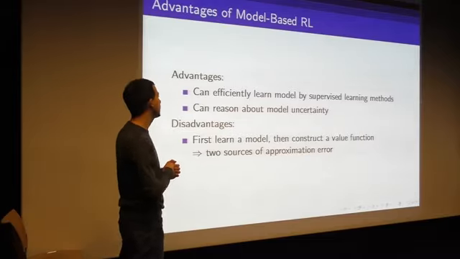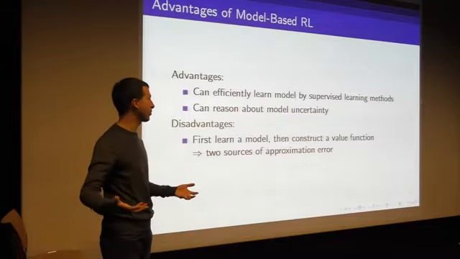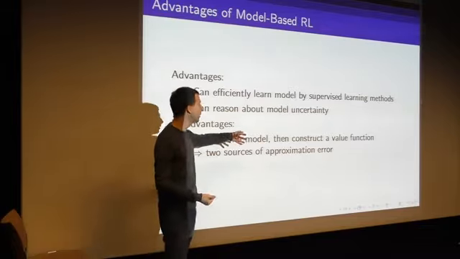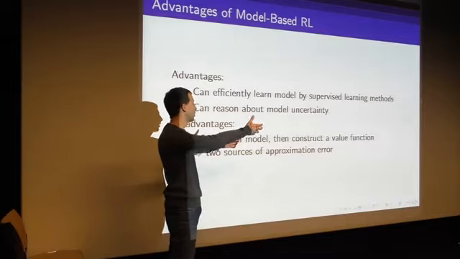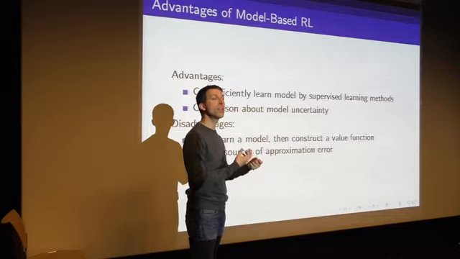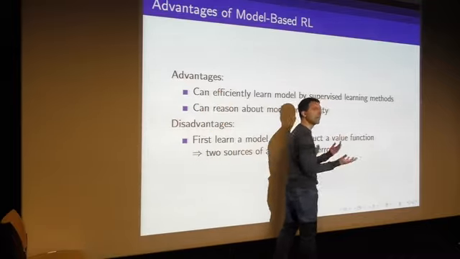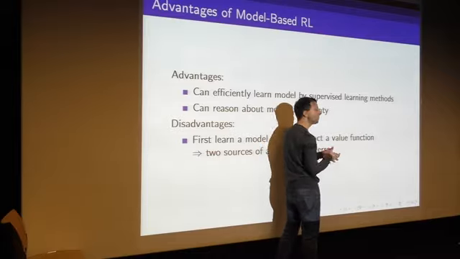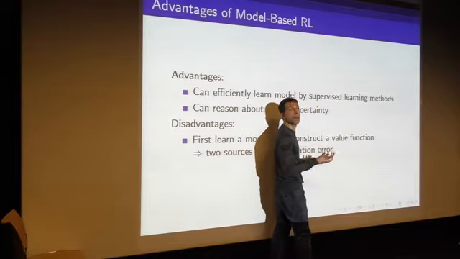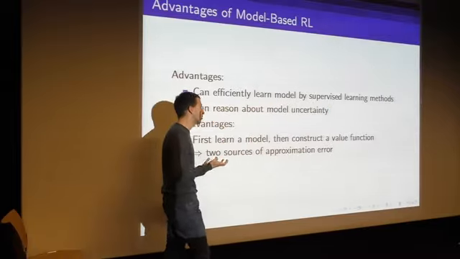Main disadvantages, well, now we've introduced another moving part to our reinforcement learning algorithm. First we're learning a model, and then we're using that model to make a value function. So before, if we were just learning a value function, the only place that errors could crop in was, if we were using value function approximation, then that value function approximator could introduce bias and error into our estimates of the values. Now we've got two places errors can creep in.